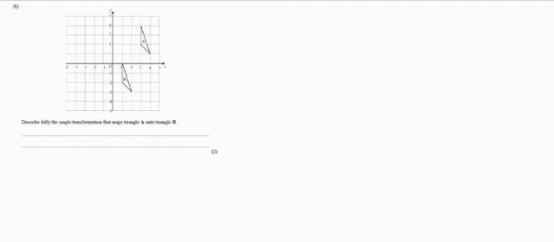Now let's count how many squares it is translated. 2 squares to the left, and 4 squares down. It's also written like that: -2 for left, -4 for down.